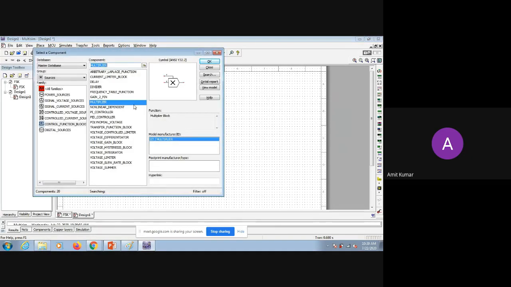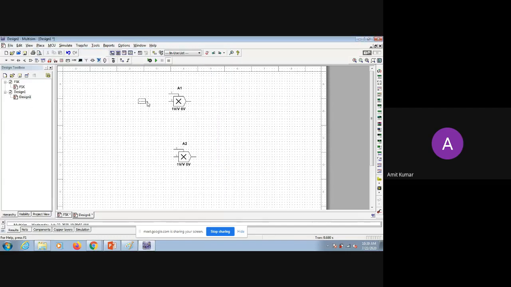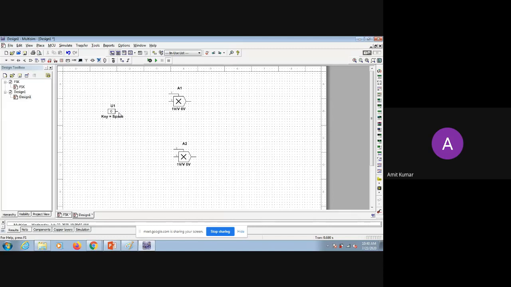Then one adder. So instead of a digital clock, I will place digital constants so you can understand the operation. I will place a digital constant here.